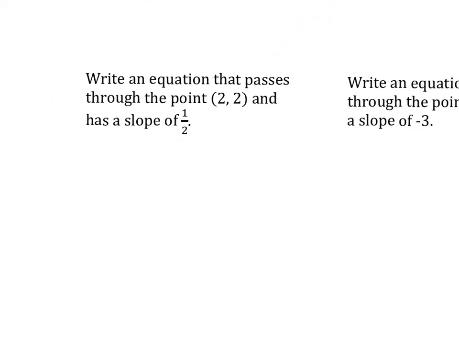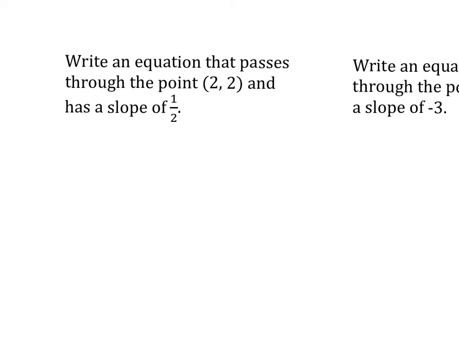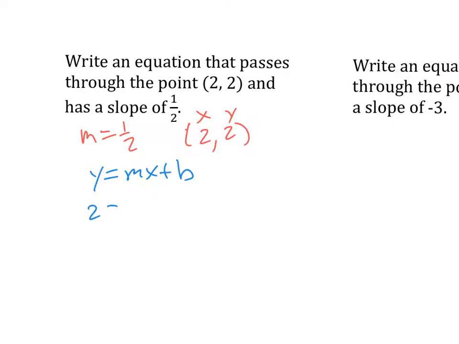Let's look at this one. Write an equation that passes through the point (2, 2) and has the slope of 1/2. So here we have m equals 1/2, and (2, 2) is our point where 2 will be x and 2 will be y. So we'll just figure out b of y equals mx plus b. When we substitute these in, we'll get 2 is equal to 1/2 times 2 plus b.